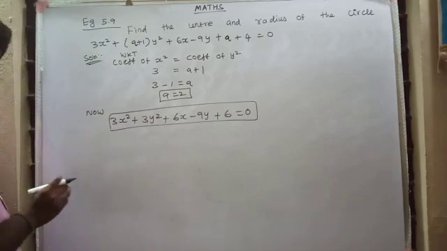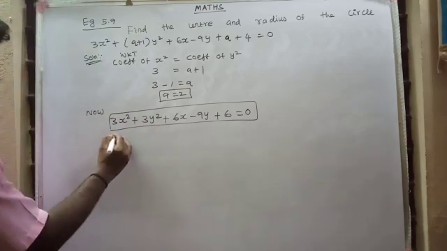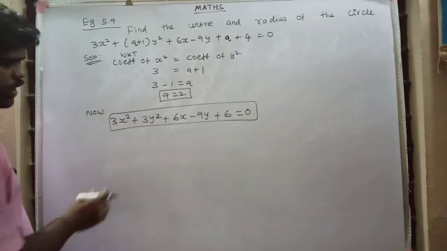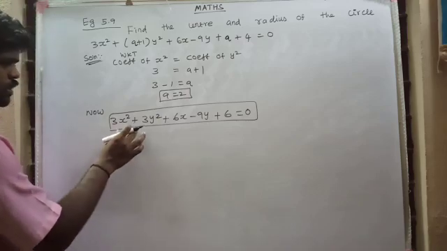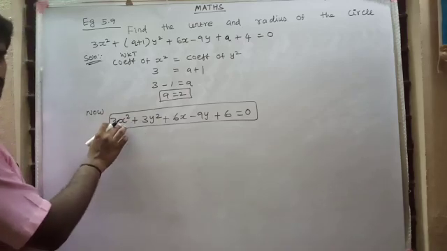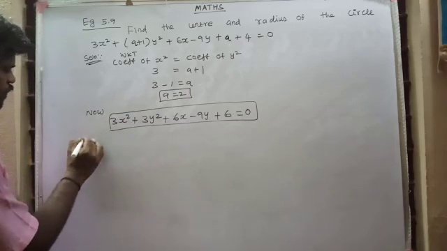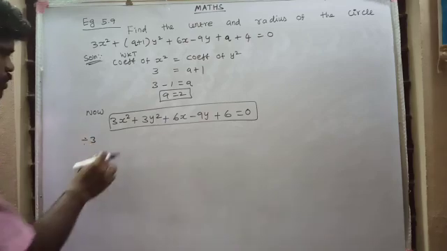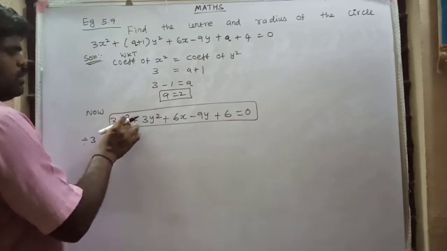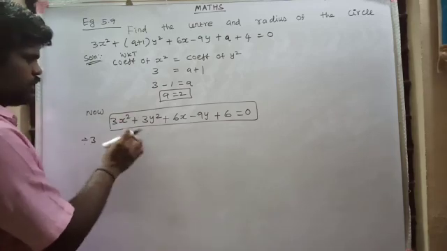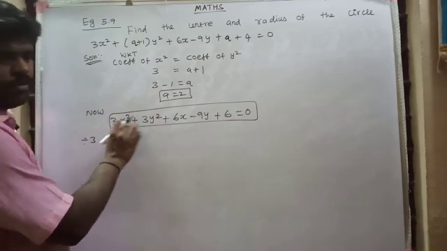If we find the center and radius, you have to equate to the central form of the circle, or directly we can take that. In this circle, we want to divide by 3 on both sides, because this is 3x², 3y². Here we want to compare with the general equation, where the coefficient is 1 only.